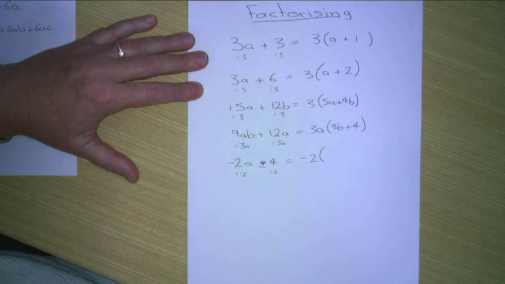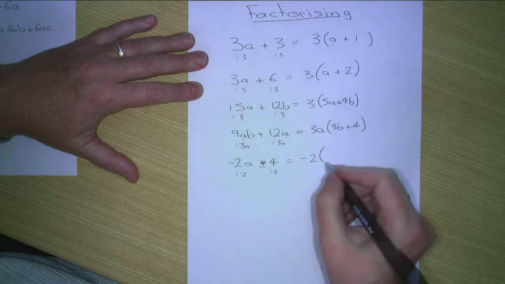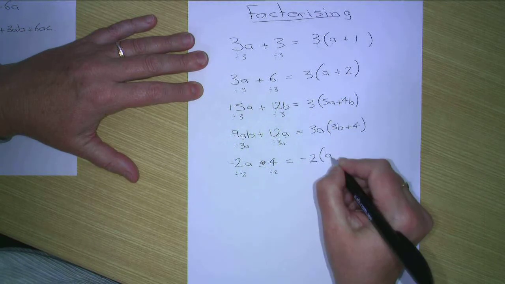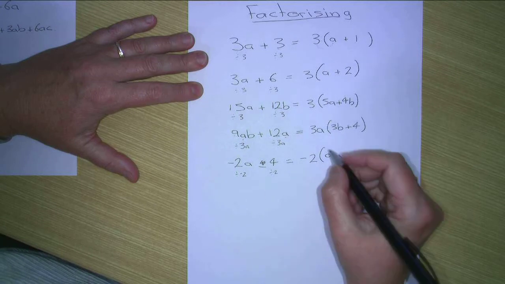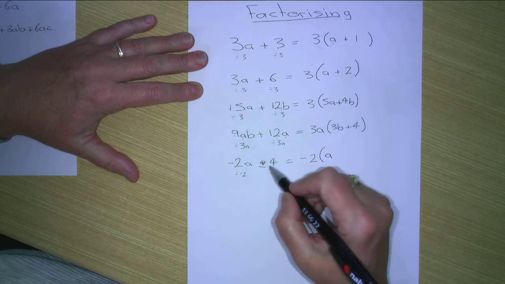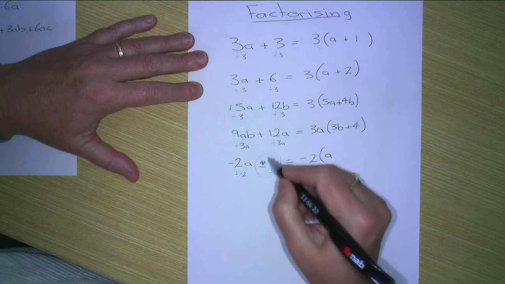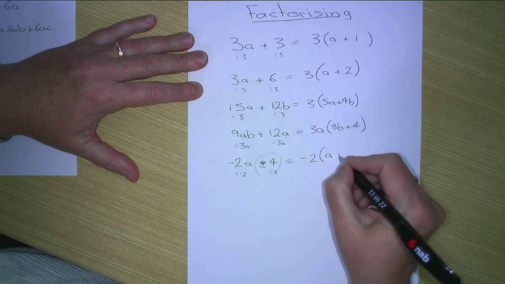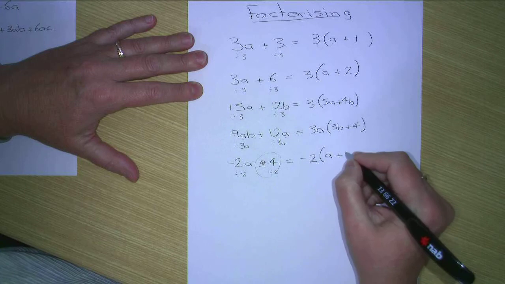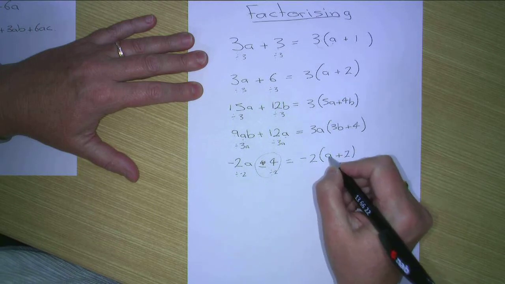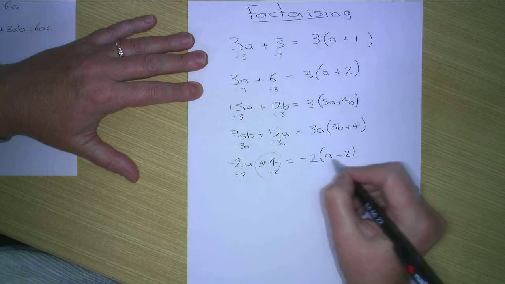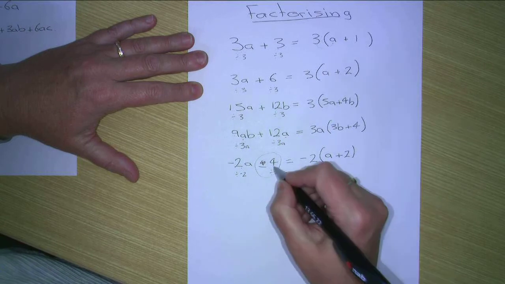Minus 2 divided by minus 2 is 1, and that leaves me with a, so minus 2 times a is minus 2a, and then divide this by minus 2. Be careful of that minus out the front, so this is going to be plus, divided by minus 2 gives 2, and minus 2 times a is minus 2a, minus 2 times plus 2 is minus 4.